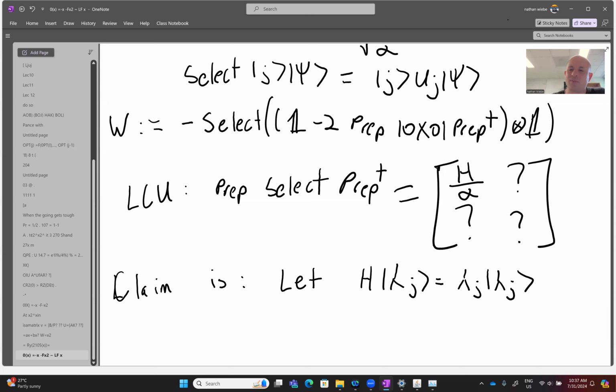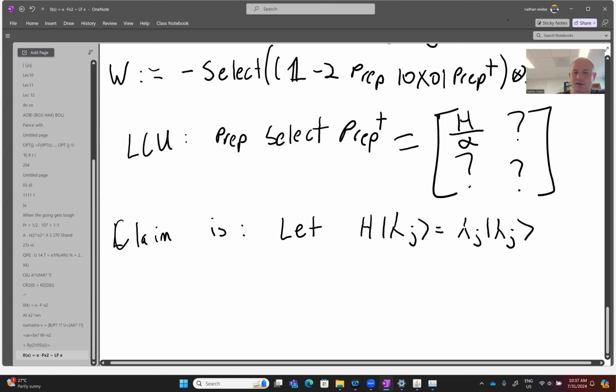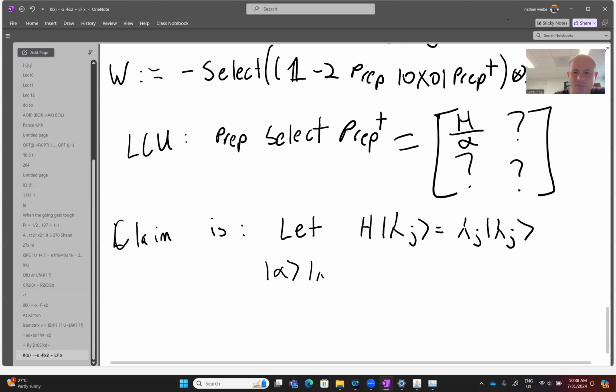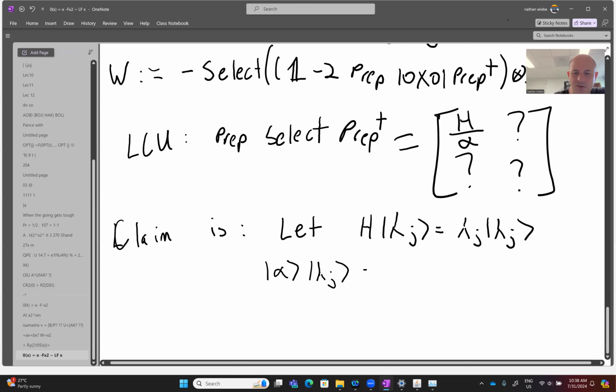So if H has the following action, then my claim is the vector alpha, lambda j, which is just equal to prep 0 lambda j.